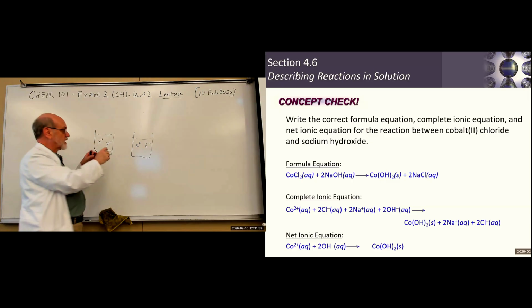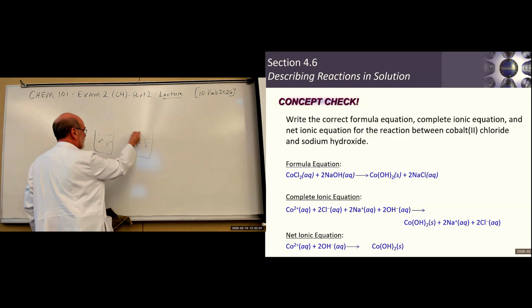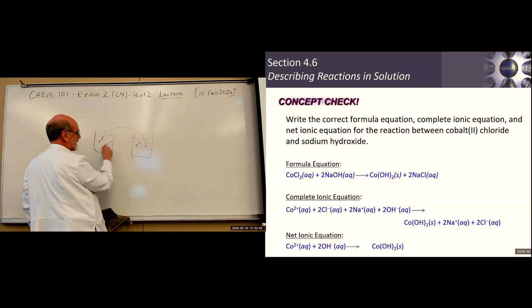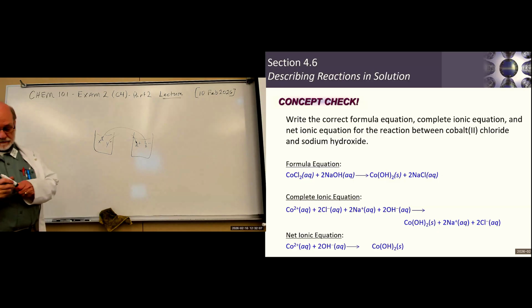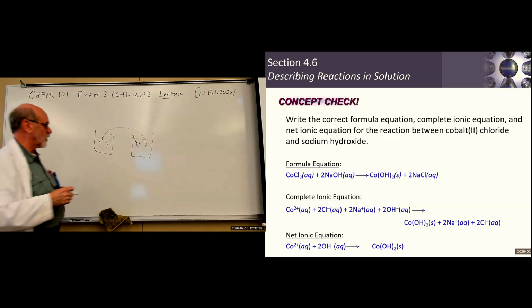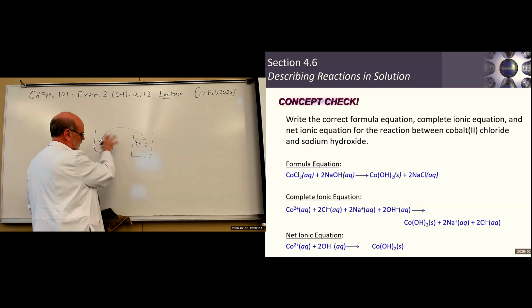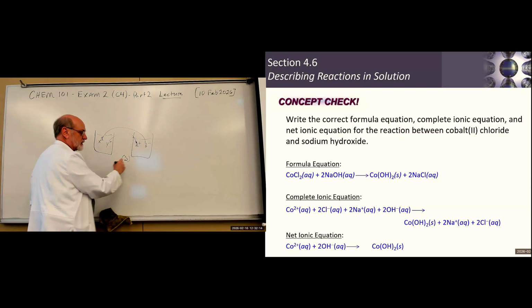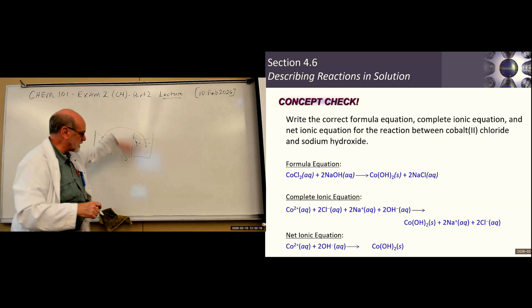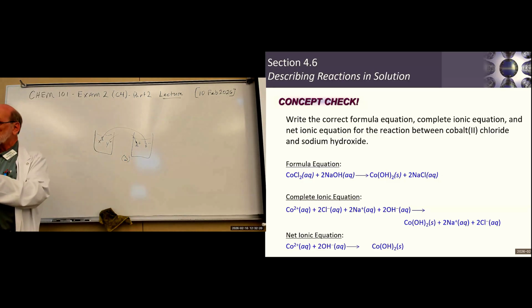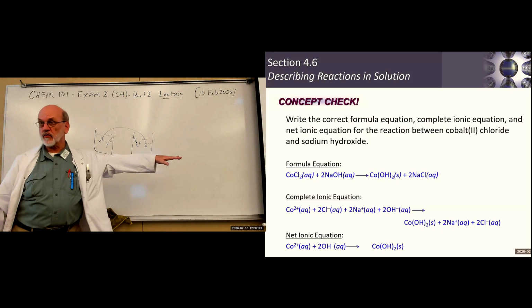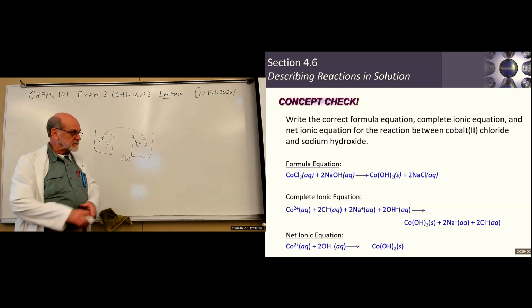When you mix them together, now this anion has a chance to interact with that cation and vice versa. And if a precipitate is formed, then one of these pairs produces a solid. And when that solid drops out of solution, that effectively removes most of it from the reaction environment, which drives the reaction toward the products.